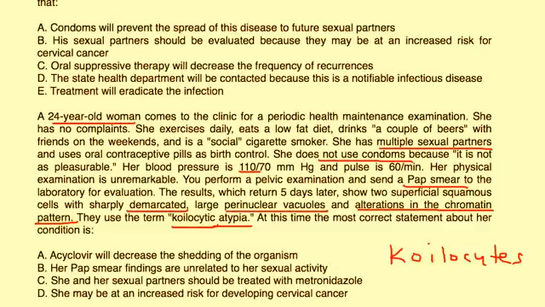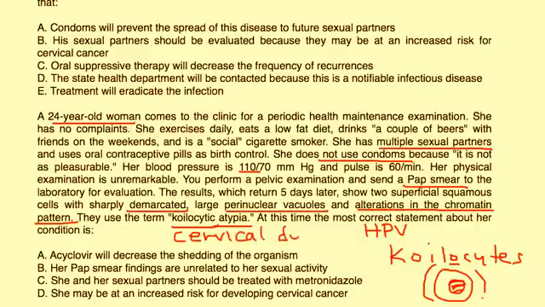And if you recall, these are those cells with the large nucleus and the halo that are characteristic of HPV, and in particular HPV cervical dysplasia. So, of all the answer choices, the one that definitely jumps out is that she may be at increased risk for cervical cancer, because HPV definitely can eventually progress to causing cervical cancer.